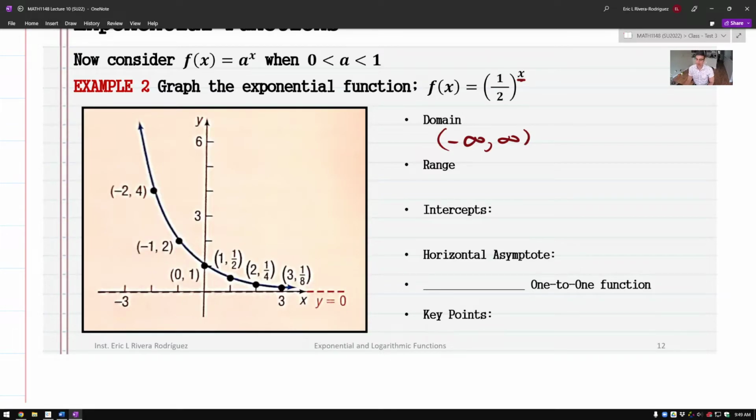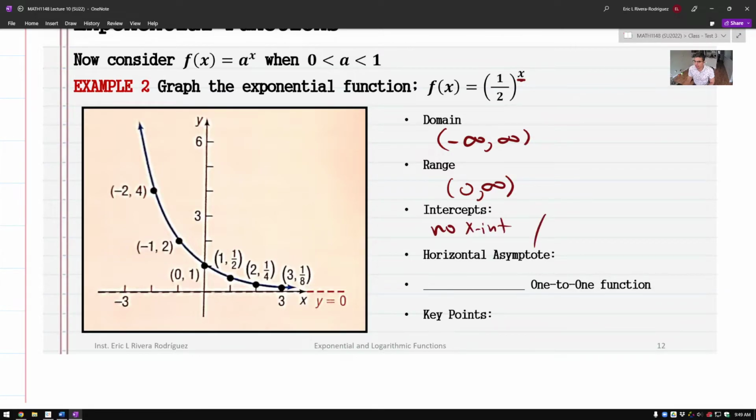Range. What is the range? Just by looking at the graph. Remember that this is an asymptote. 0 to infinity, correct? Intercepts. Do we have any x-intercepts? No x-intercept.